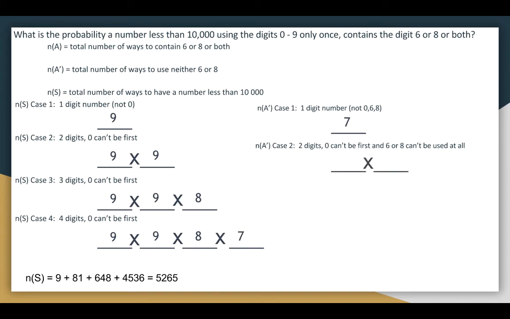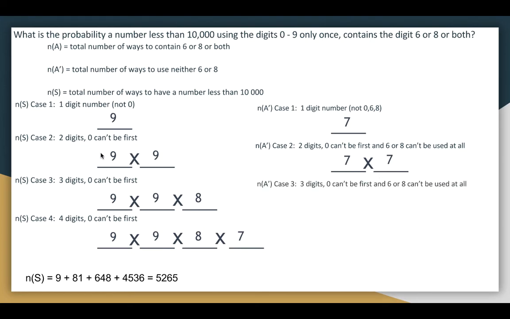And so you have 7 ways to do the first, and if you've put 0 back in but knock out 6 or 8, you actually have 7 ways to do the second. Because you've slotted a number here, so you've lost a number. You've lost 6 or 8, so you're down to 7 total numbers.